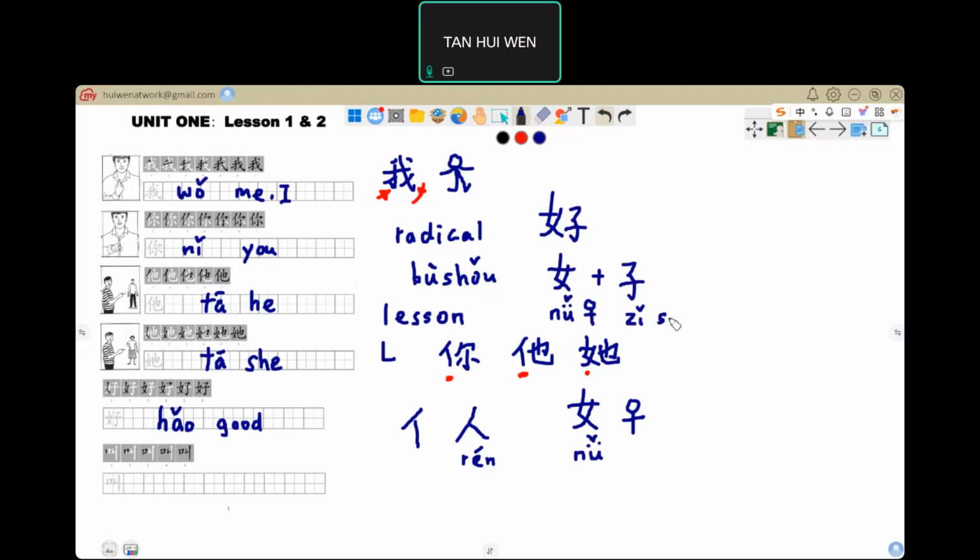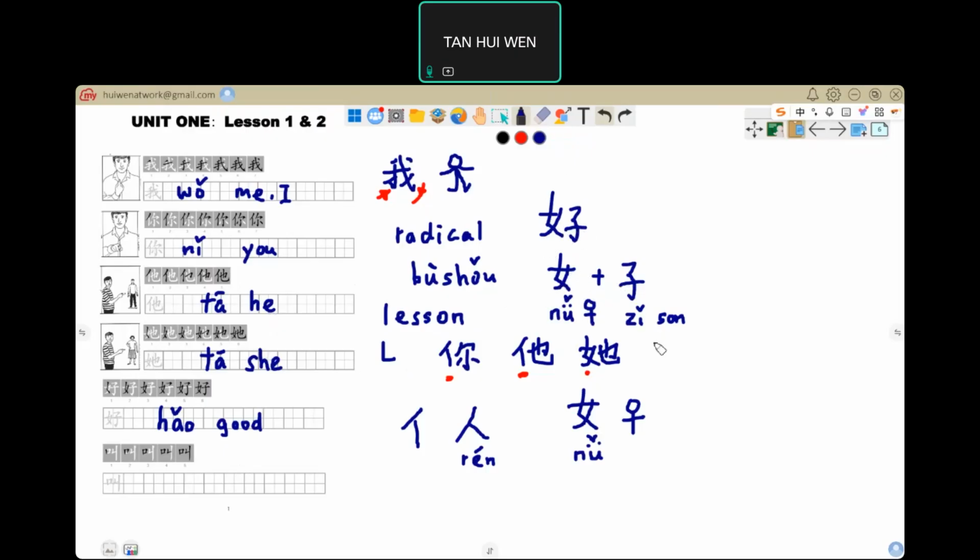So the story for 好: in a family, whenever there is a girl plus a boy, it is balanced, it is good. So 好 is good, right? Remember the story? Not every word has a story, but when it has a story, I will tell you so you can remember it. If there is no story, you just remember the whole shape.